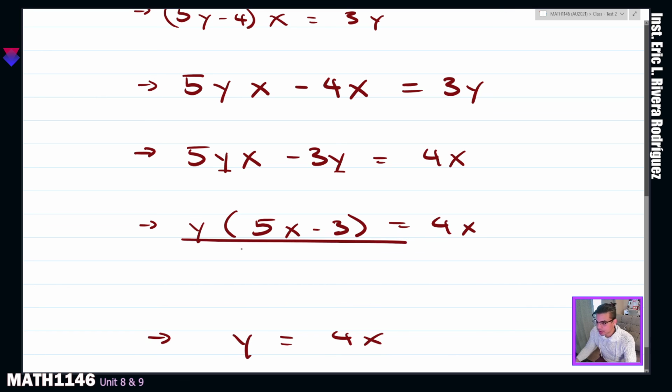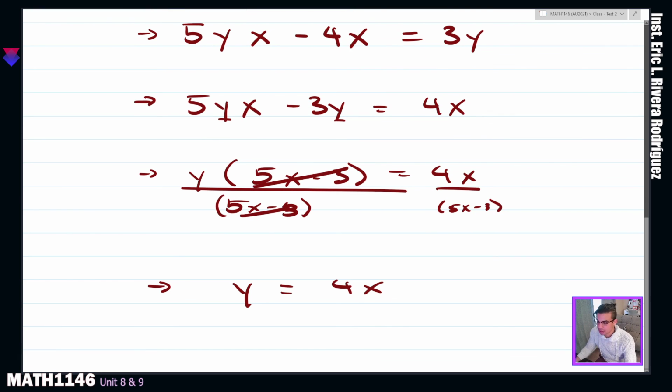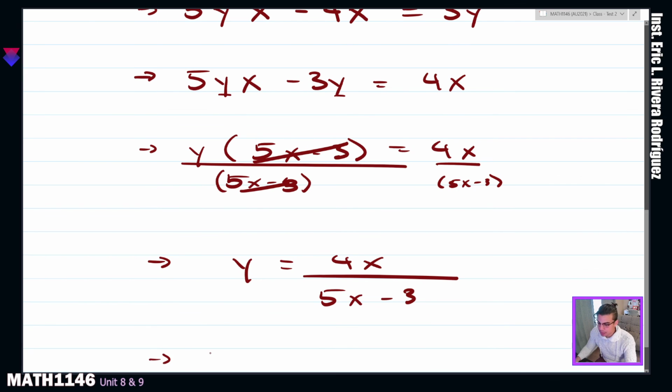Both sides of the equation are divided by 5x minus 3. So we cancel out this factor from the left side, and now we have y equal 4x over 5x minus 3.